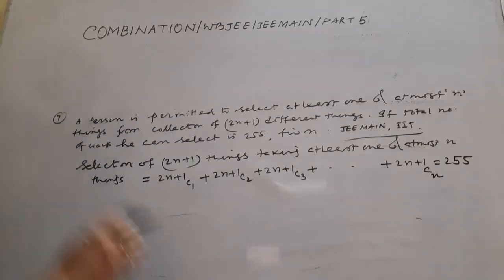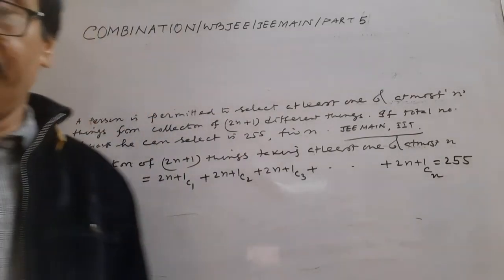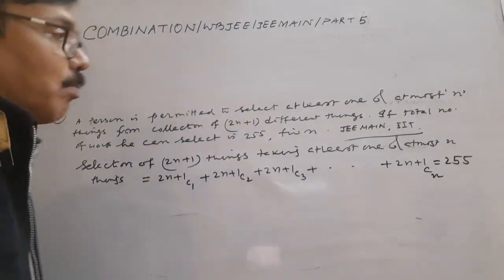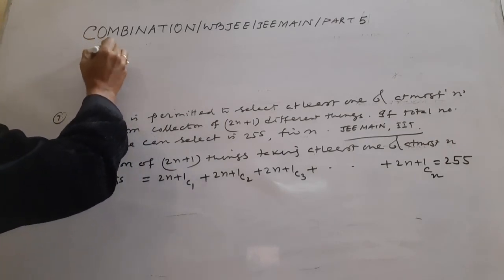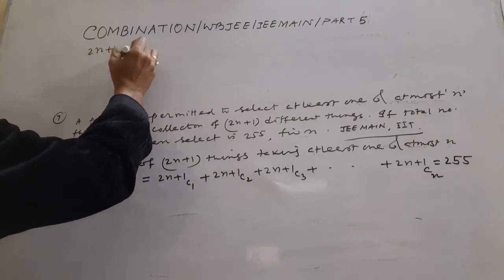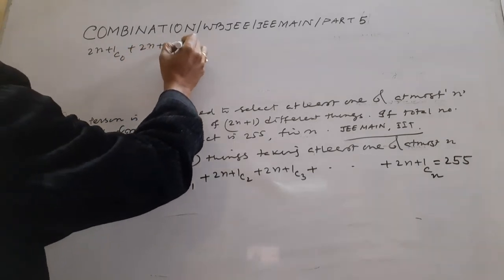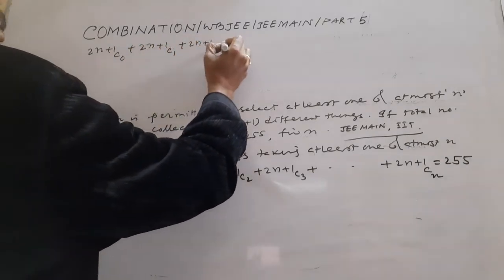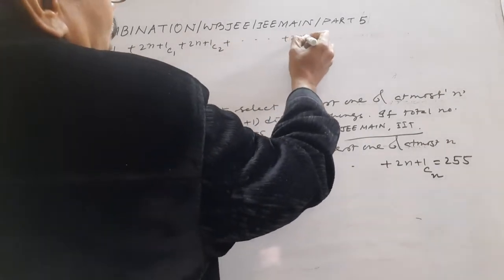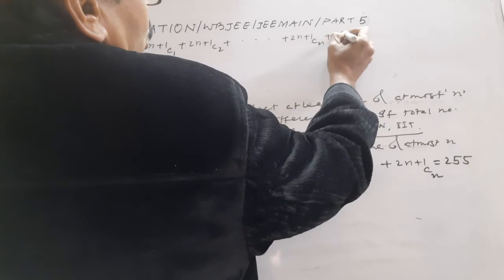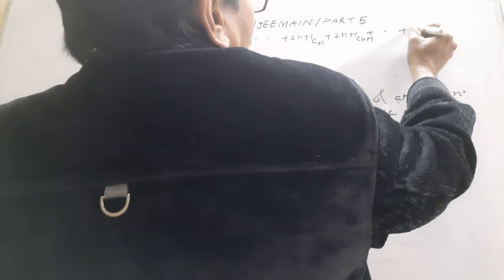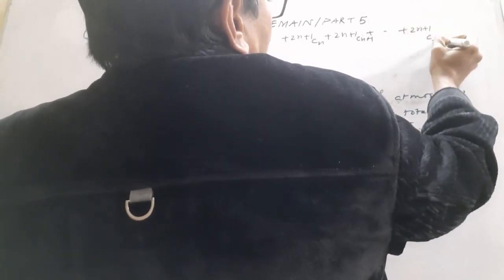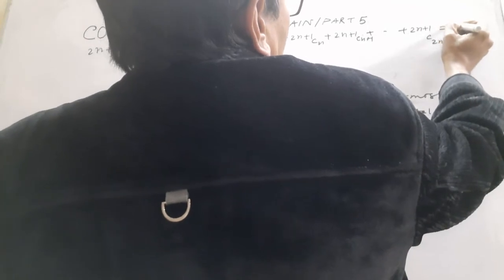Now look, I have already stated there is a result of the binomial theorem relating coefficients. So 2n plus 1 C0, 2n plus 1 C1, 2n plus 1 C2, up to 2n plus 1 Cn, 2n plus 1 Cn plus 1, and finally 2n plus 1 C2n plus 1, sum equals 2 to the power 2n plus 1.